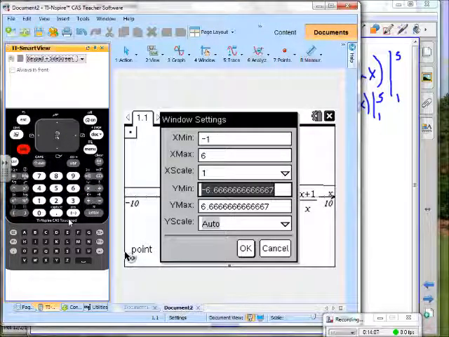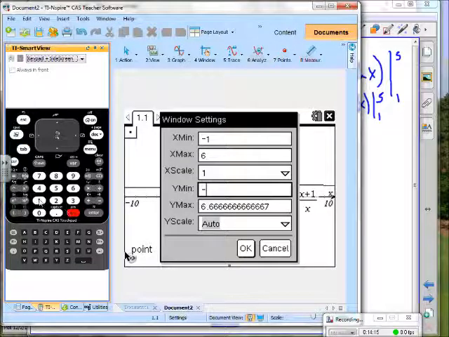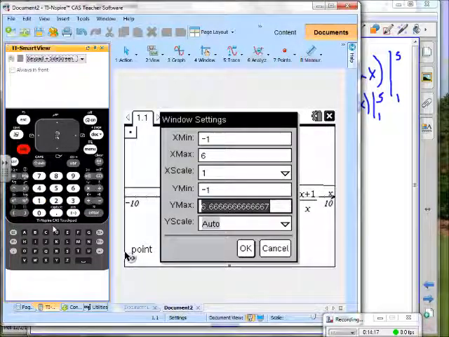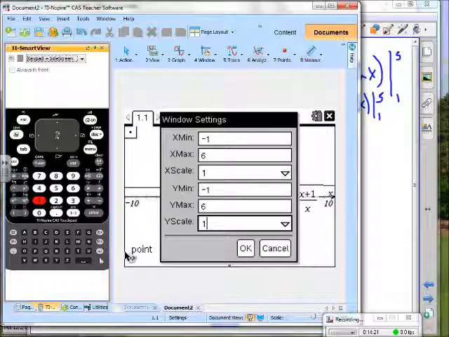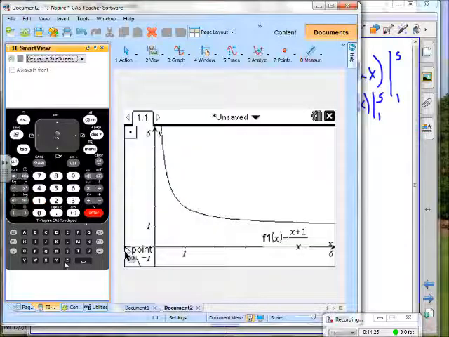And I saw the graph before I started this. There's nothing in the negative, below the input axis. So I think I'll put in -1 and go up to 6 again. Looked like that was pretty good. And scale by 1. And I want to integrate from 1 to 5.